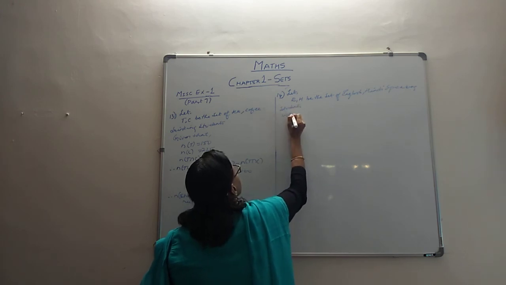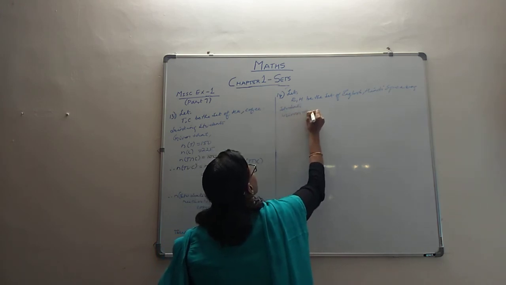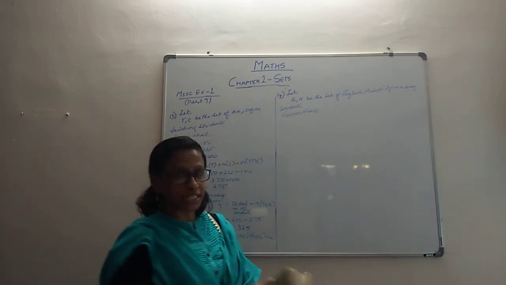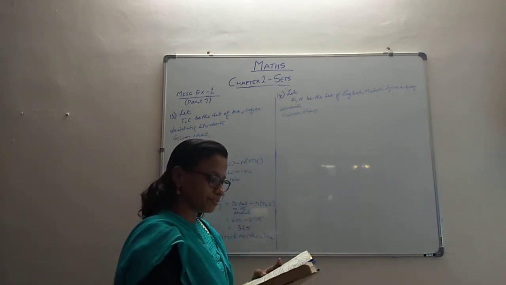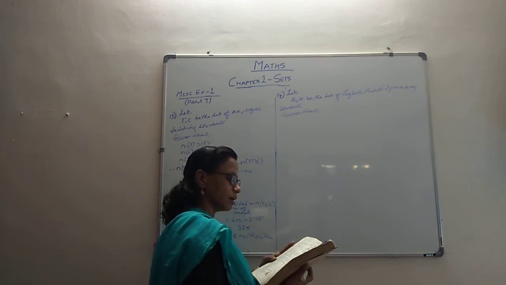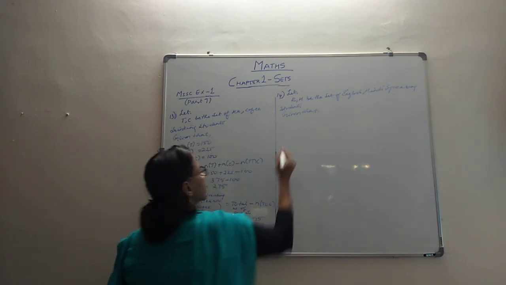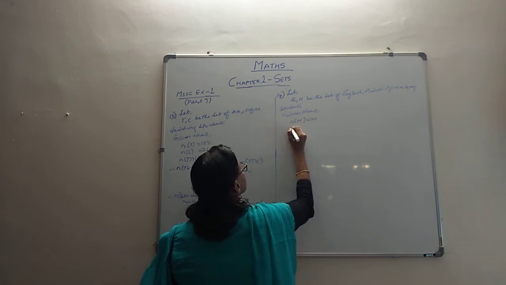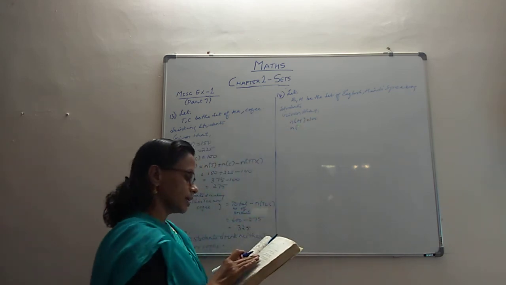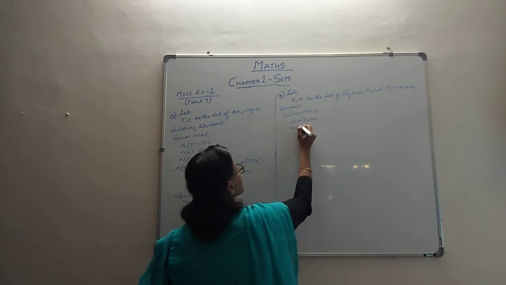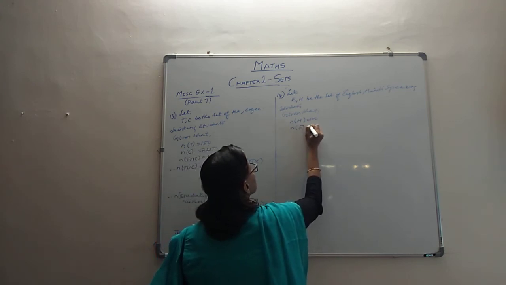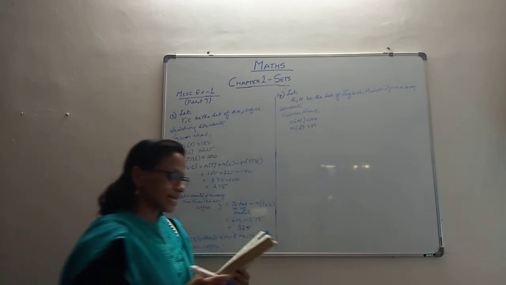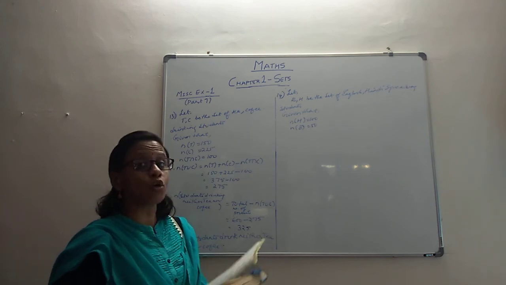And what are we given? Given that 100 know Hindi, so n(H) is 100. 50 know English. What else? They tell us that 25 know both.